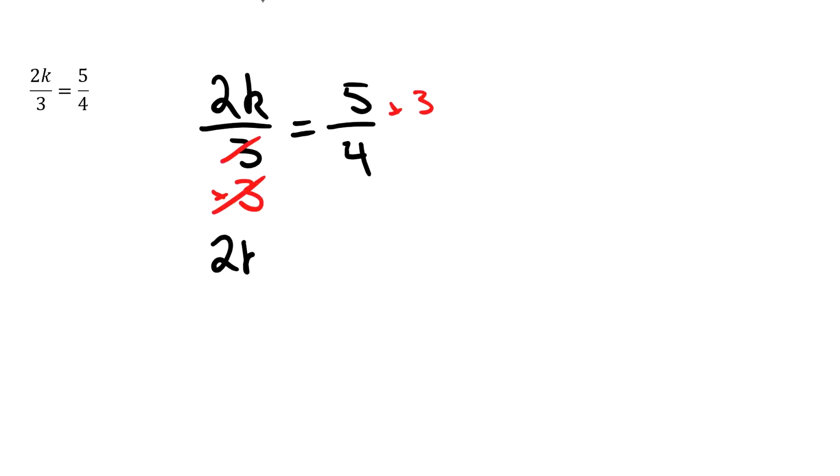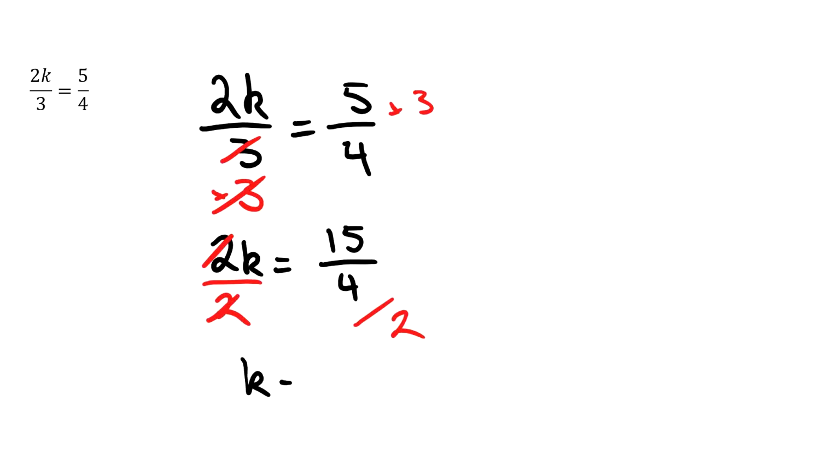I'm left with 2k equals 15 over 4. And then we're going to divide by 2. Now when you're dividing, you have this fraction divided by 2. Essentially, you're multiplying that bottom 4 by 2. So we get k equals 15 over 8.